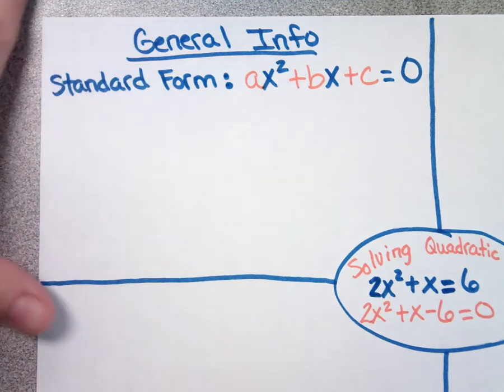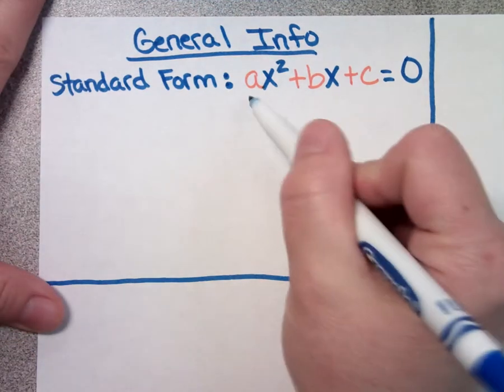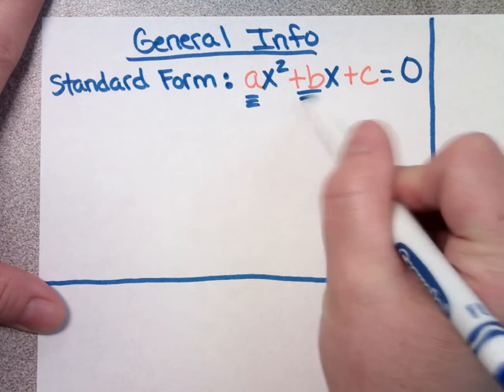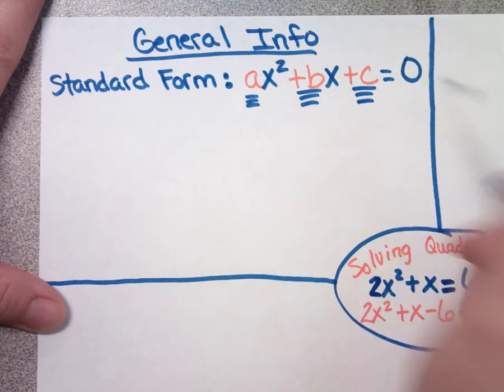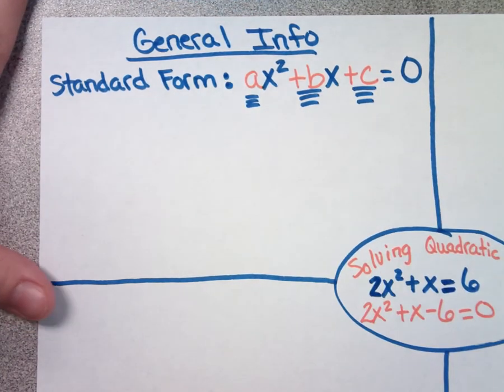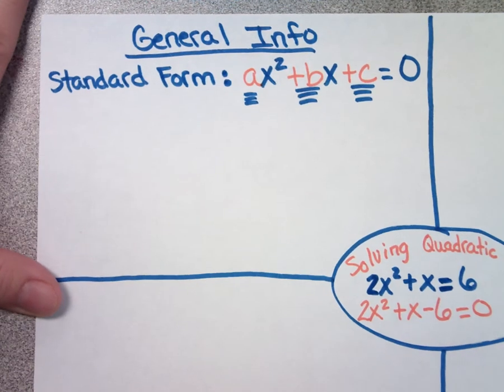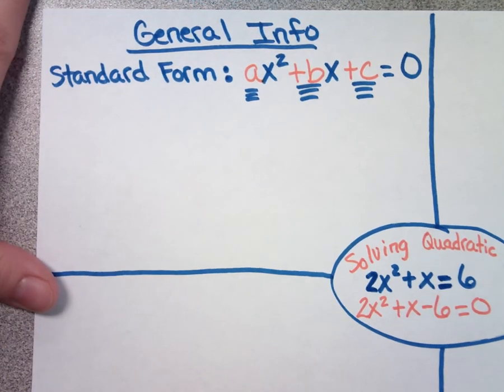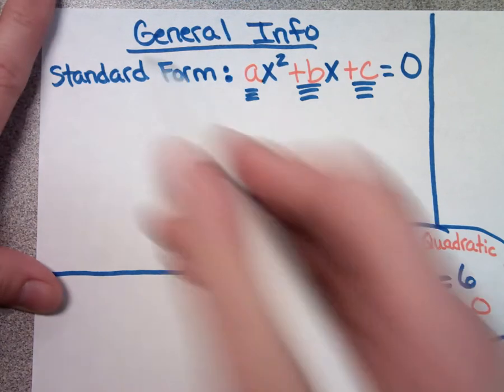And I only wrote it like this so it would stand out to you a little bit more. A is in front of the x squared, b is in front of the x, and c is the constant, the number that doesn't have a variable behind it. So that's our standard form for all quadratic equations.